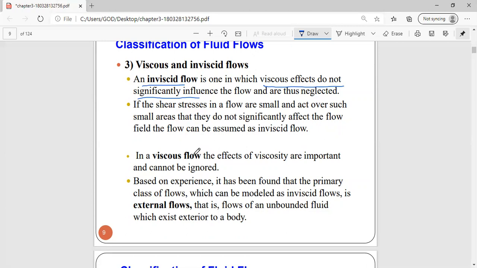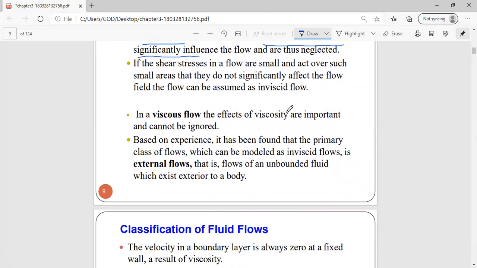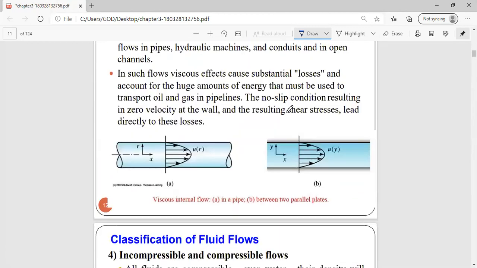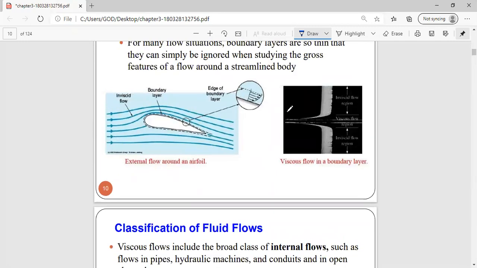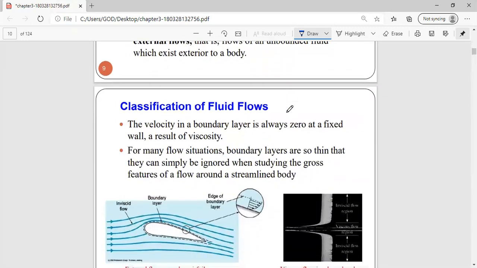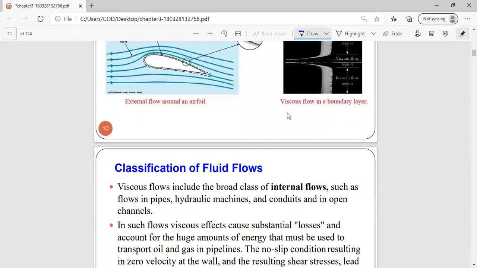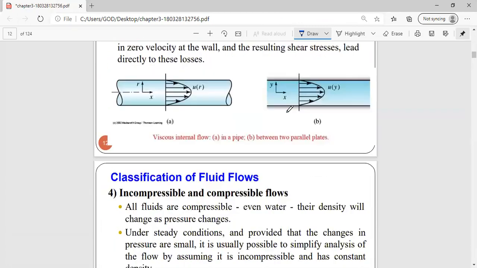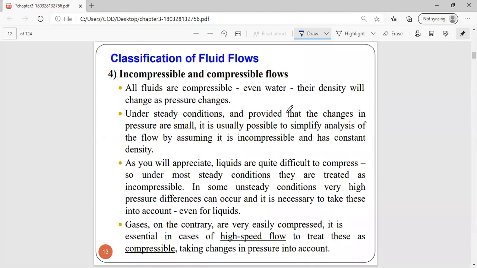But in viscous flow, it will affect based on your viscosity. Okay, as simple as it is. From the viscosity definition also, we'll get the same outcome, right? So about this, I'll come back later, after some time. About this also, after some time, I'll come back.